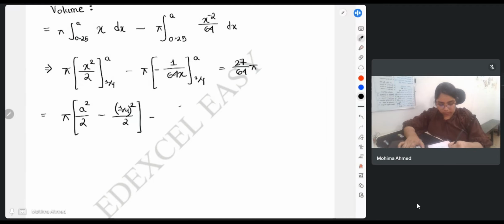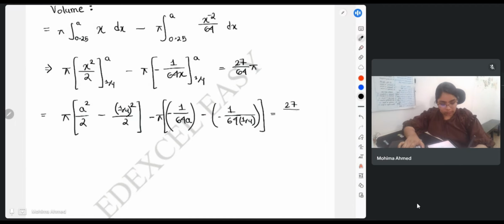And over here, it's going to be 1 by 64A minus 1 by 64 multiplied with 1 by 4, again multiplied with pi. This equals 27 by 64 pi.